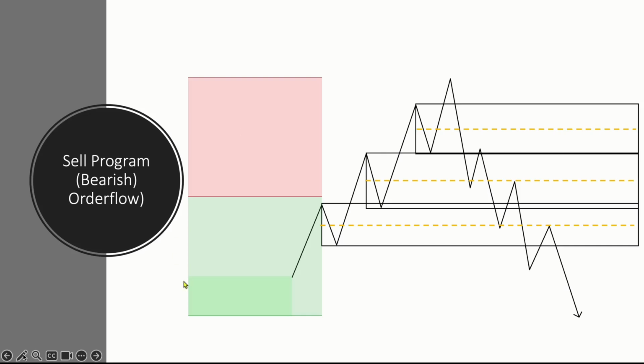Meaning we want to short inside of the red area preferably, or in close proximity to equilibrium, which is 50%. The moment that price displaces below the range midpoint, below equilibrium, 50% of that range, we're anticipating the opposite side of the range, so in this case, the lower side of the range, to get reached.